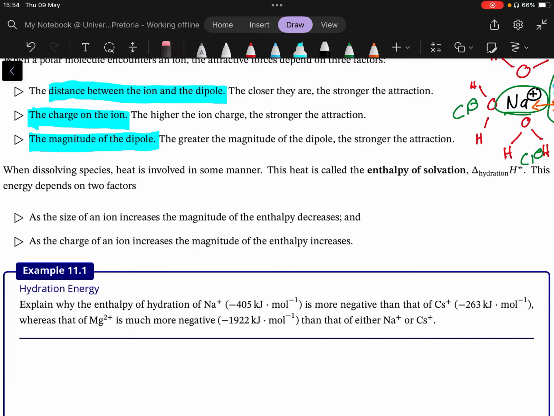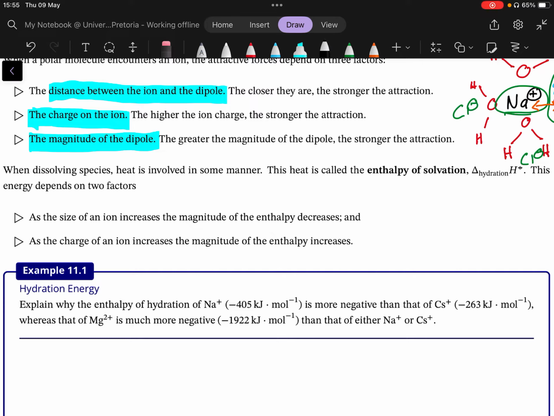This is also dependent on the ions: if the ion obeys these laws above, depending on the distances, the charges on the ions, and the magnitude of the dipoles, they affect how much energy is released when that salt is dissolved in the solvent.